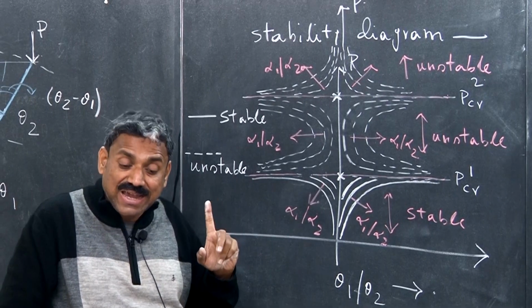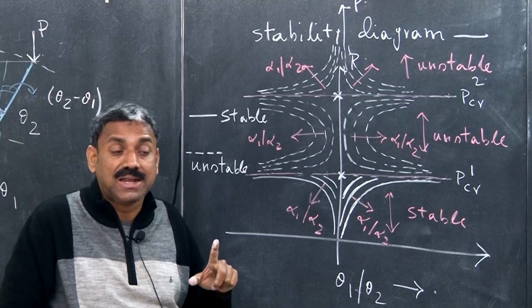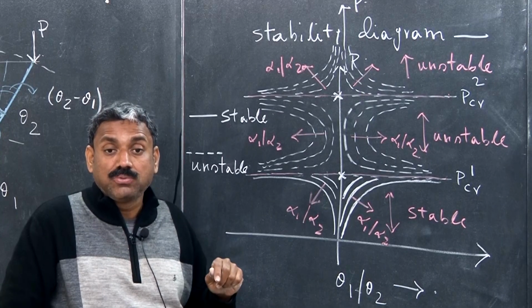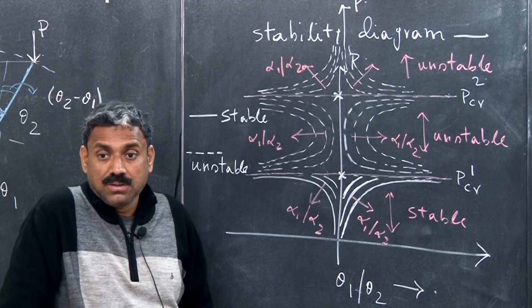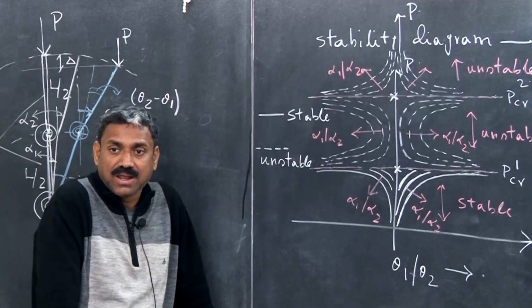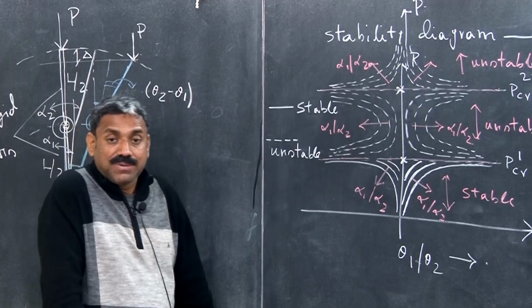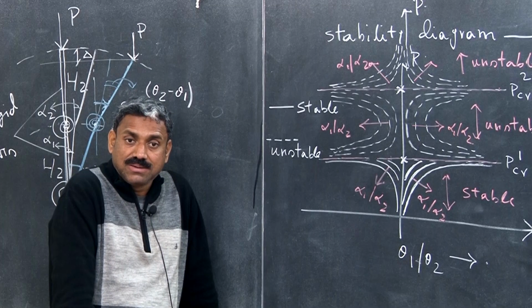So in an imperfect system, the equilibrium path will asymptotically approach the perfect system. Because you know what an asymptote is, right? You have found asymptotes in differential calculus. So this is the stability diagram for this 2-degree of freedom elastic system.